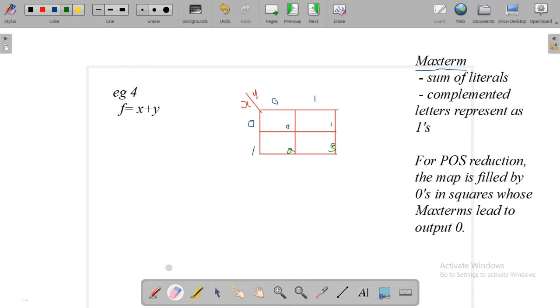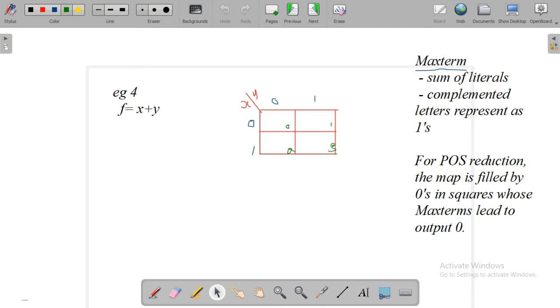These are the values. Here x plus y is a max term, that is, a sum of literals. If it is a max term and the variable has the value 1, then we need to write it as the complement.